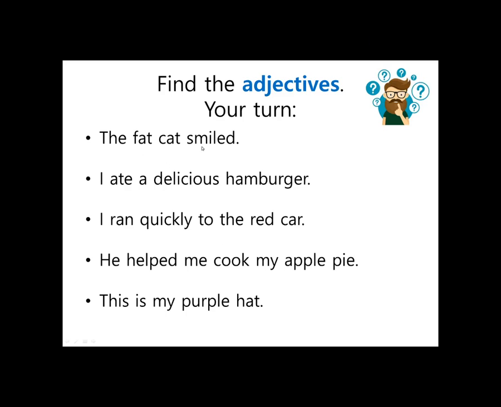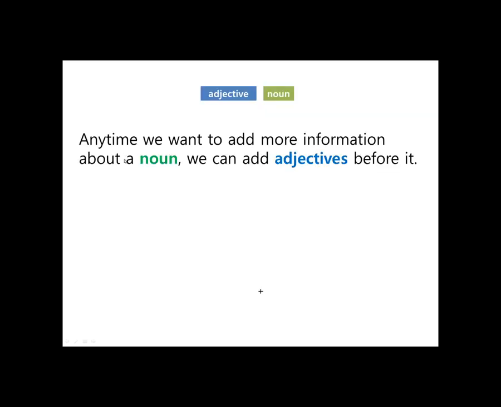Okay, so let's go through one at a time. The fat cat smiled. So here we see the noun is cat, and we're describing the cat with the word fat.